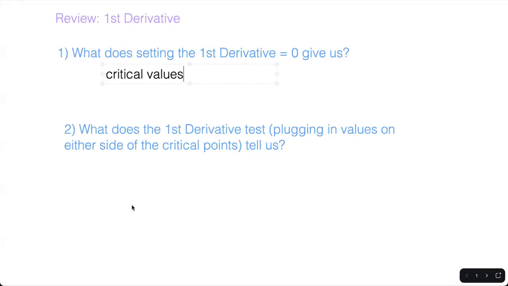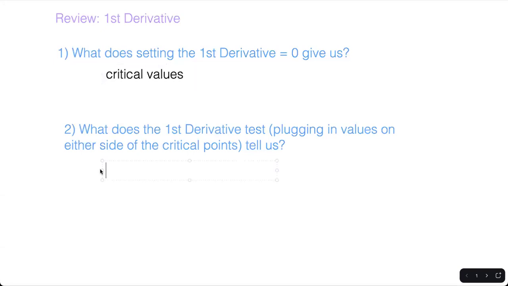Then the second day, on section 3.3, we went over what the first derivative tells us. We didn't actually call it the first derivative test, but what does the first derivative tell us if we find the critical values? Remember, we found the critical values, we had an open interval this time, we didn't have a set interval, and we plugged in values on either side of the critical point. What did that tell us? How did we analyze it? What we analyzed was whether the function was increasing or decreasing.